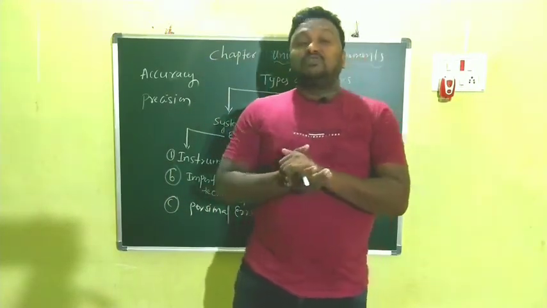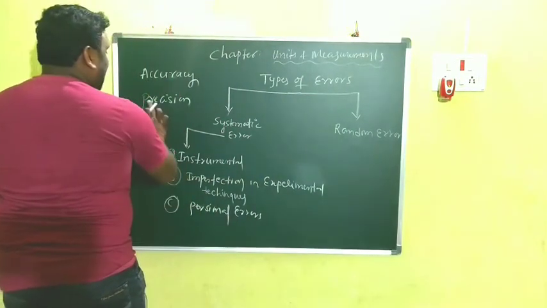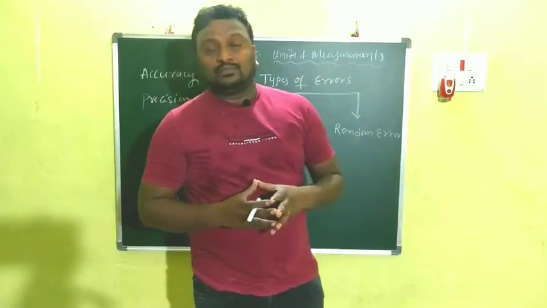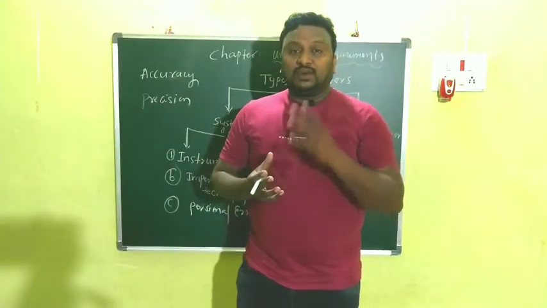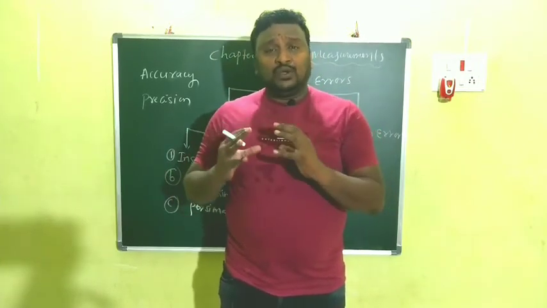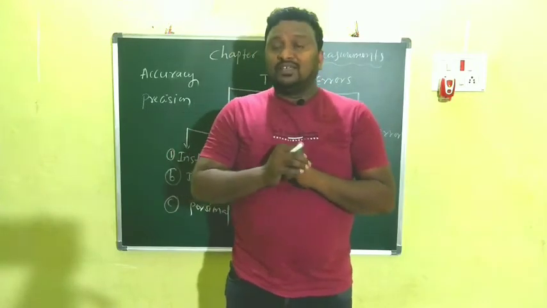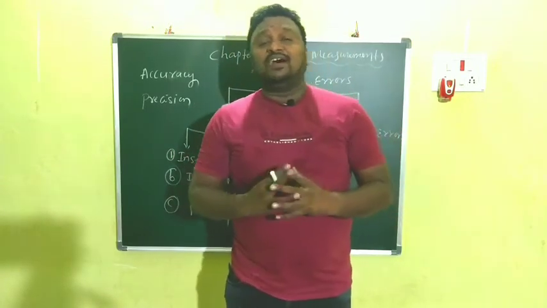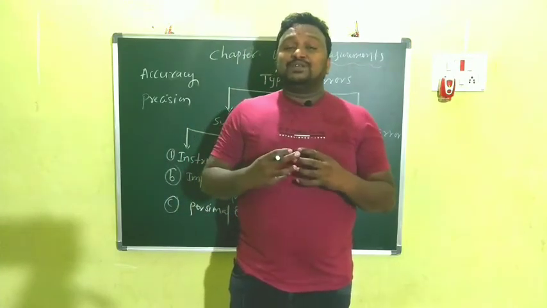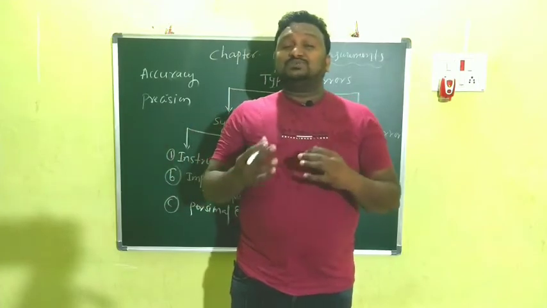In this topic, first you must know about accuracy and precision. What is meant by accuracy? Here accuracy means, for example, we are doing one experiment: finding the acceleration due to gravity, where by using a simple pendulum we want to find out the g value. g means what?